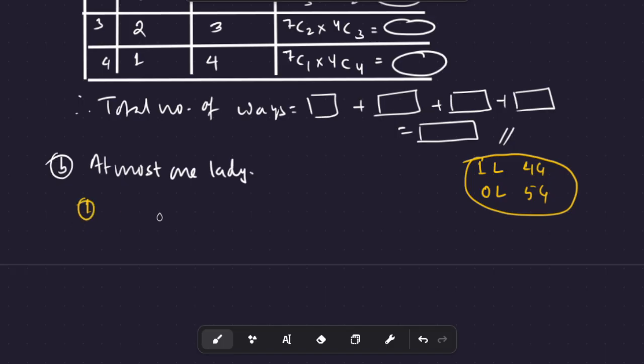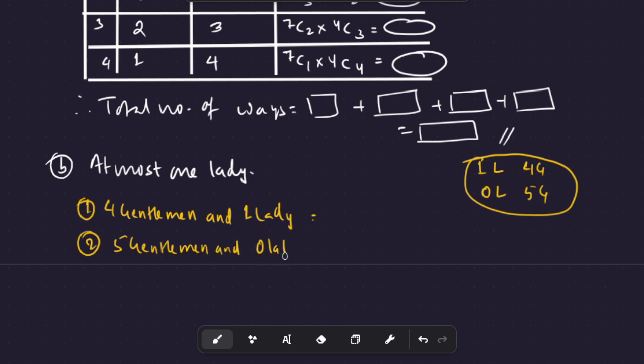Option number one is four gentlemen and one lady. Option number two is five gentlemen and zero ladies.